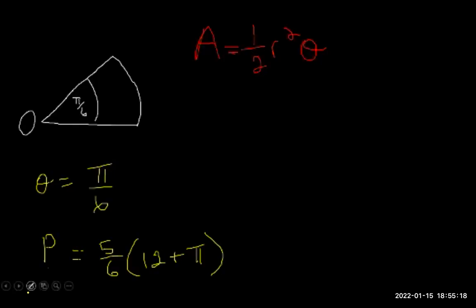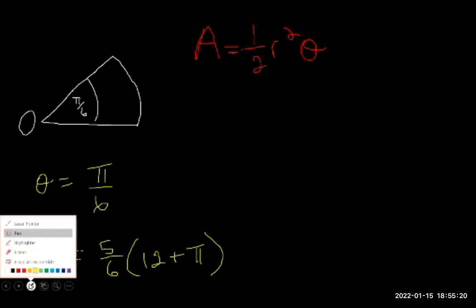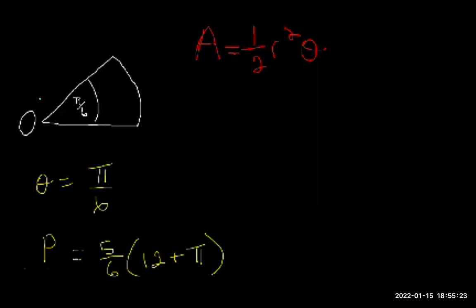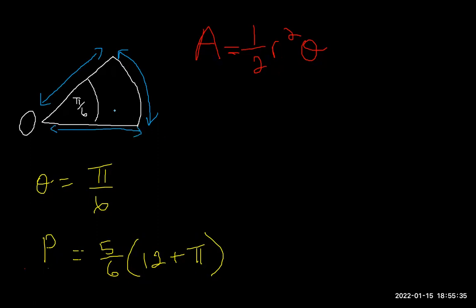When they say perimeter, you mean the sum of this side plus this arc length plus the other side, right? So we're given that the perimeter P is 5 on 6 by 12 plus pi.